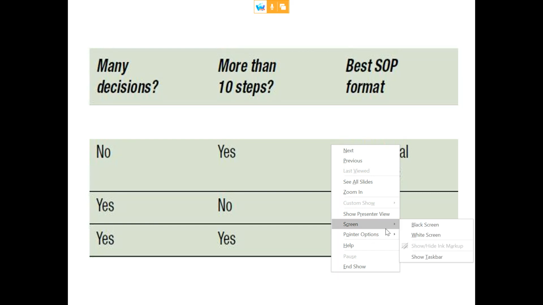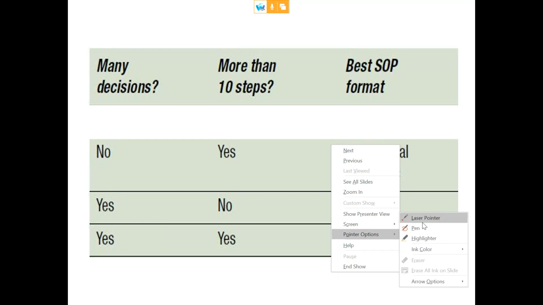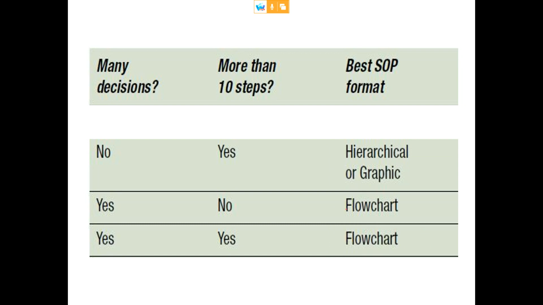So you are going to use which one? Yes, flowchart. Okay, you would use flowchart, whether you have more than one step or not. If you need to do decision making right away, you are going to use flowchart. Okay, but if you do not need to do any decision making, it's going to be either hierarchical or graphic.